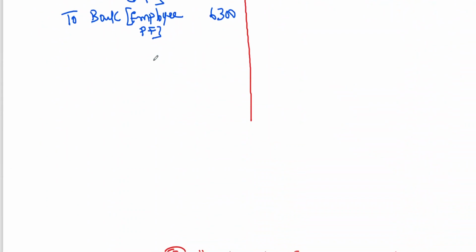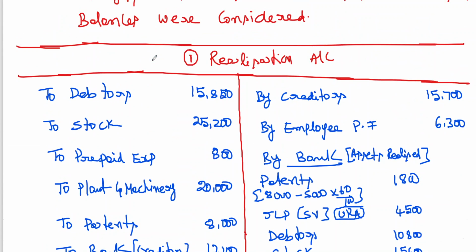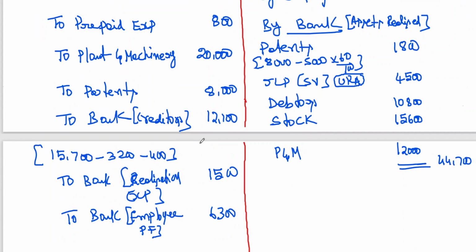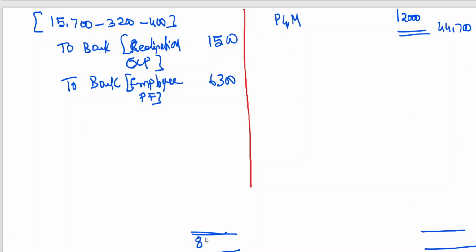But in this problem, let me start with checking the debit side. 15,850 plus 25,200 plus 800 plus 20,000 plus 8,000 plus 12,100 plus 1,500 plus 6,300. It is coming to 89,750.